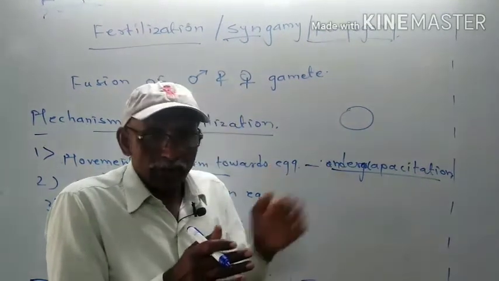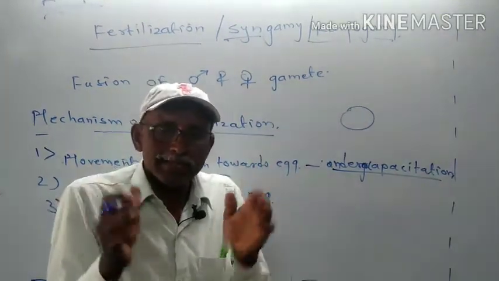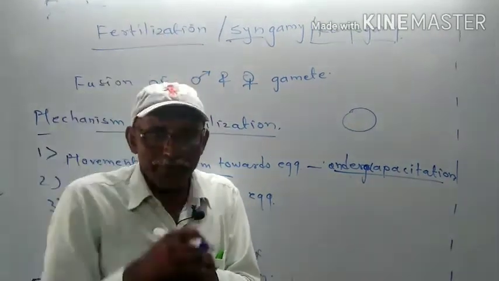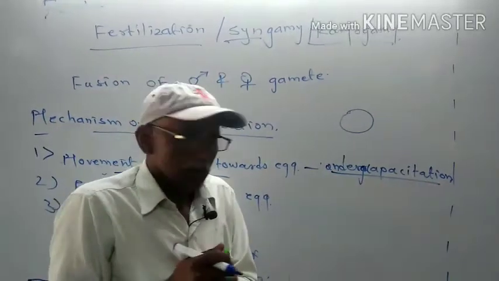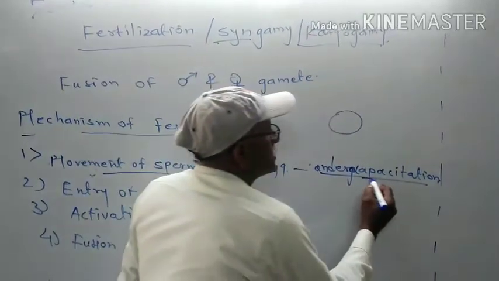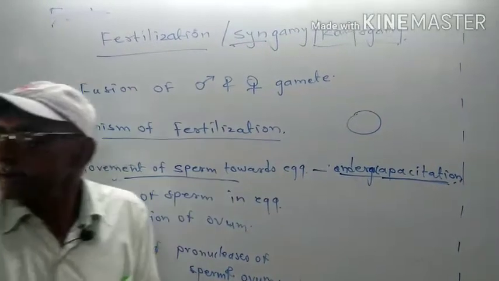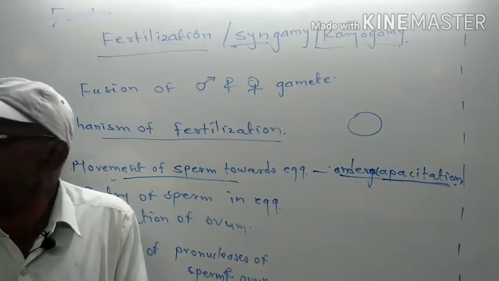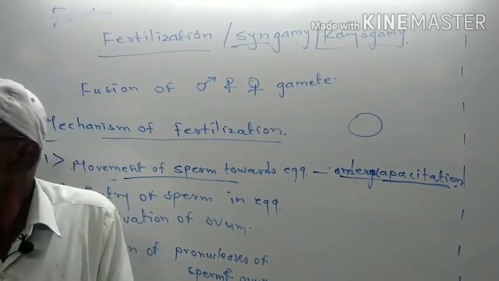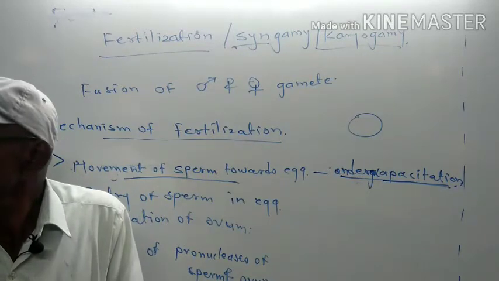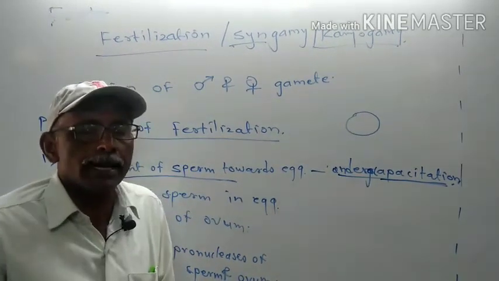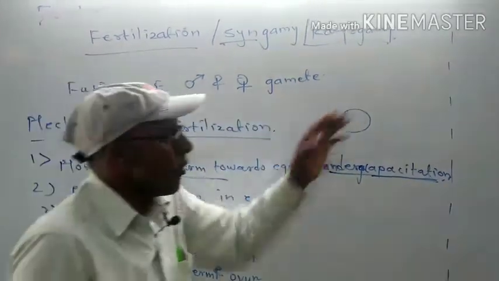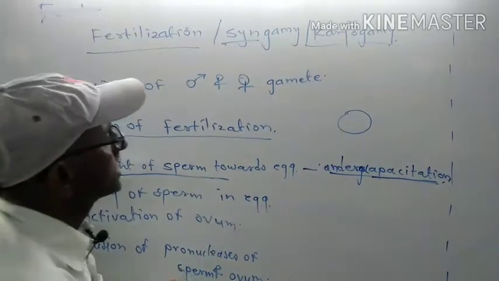Due to these changes, their ability to reach the fallopian tube increases, and that process is known as capacitation. So due to the prostaglandin, the sperms are activated, and with vestibular secretions and contraction of the uterus and fallopian tube, the sperm moves toward the ovum.